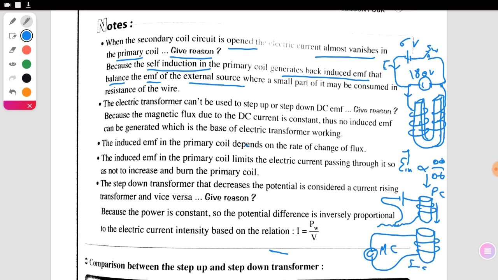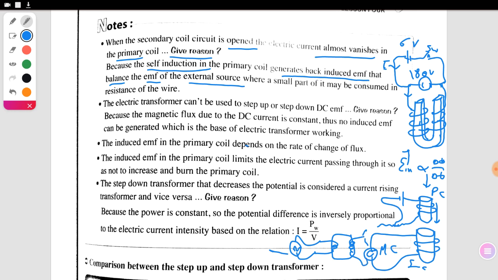This is a transformer, the example transformer. This is a wire connected with the source, but this source is alternating current. The transformer works by using alternating current. And the second side is opened.